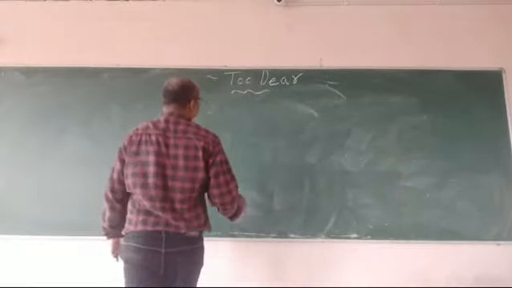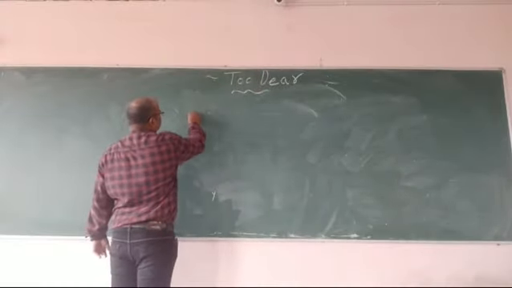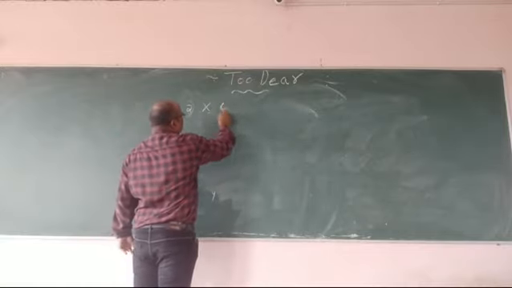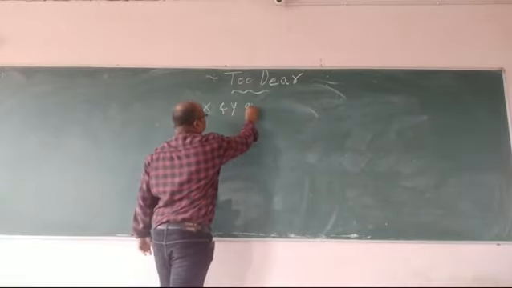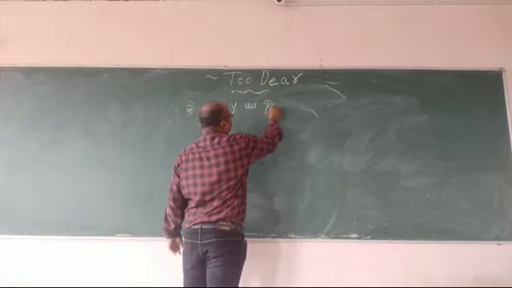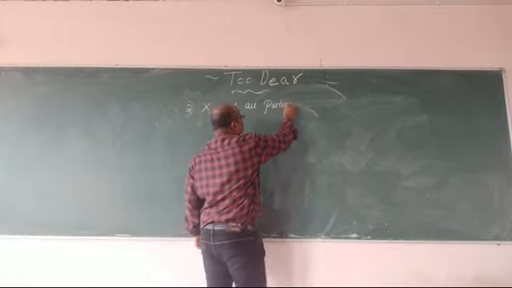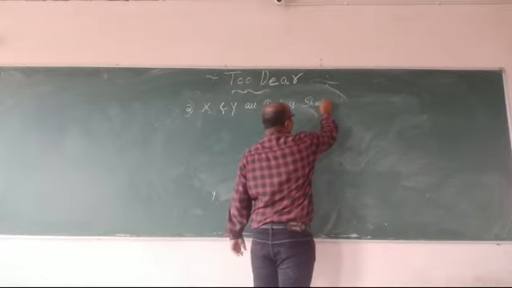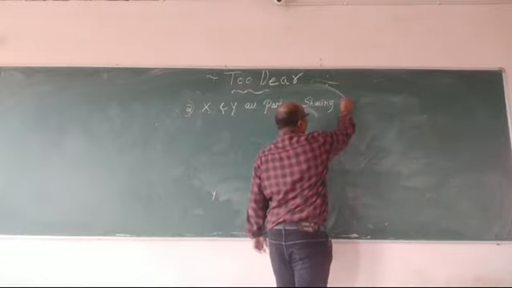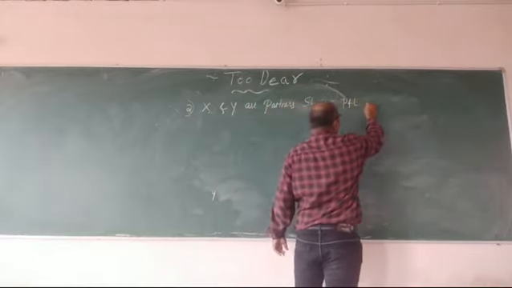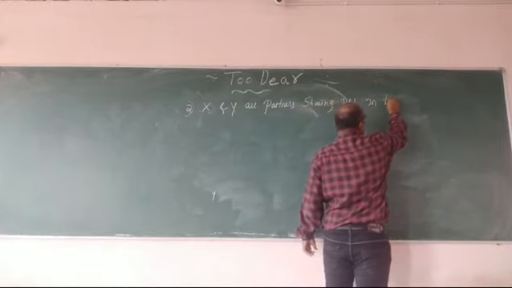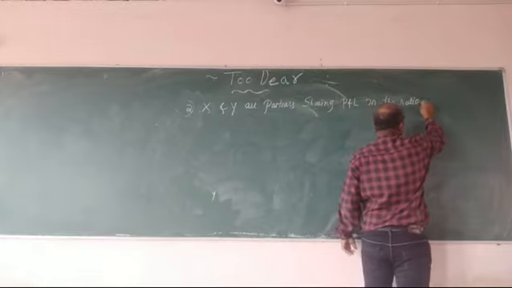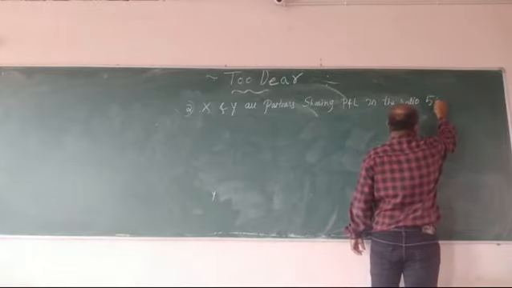Let us take one more example. X and Y are partners sharing profits and losses in the ratio of 5:3.